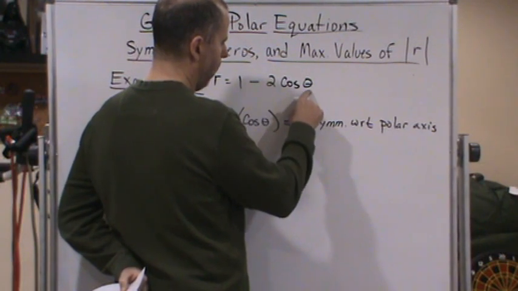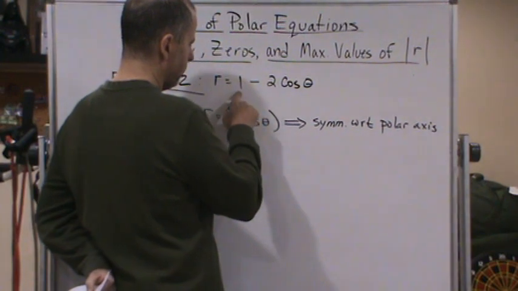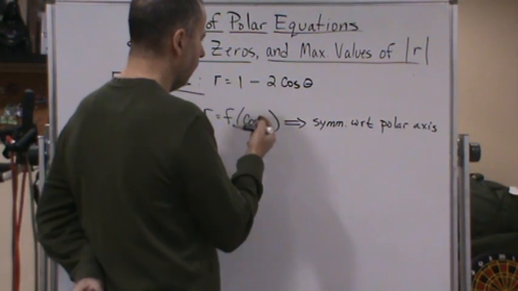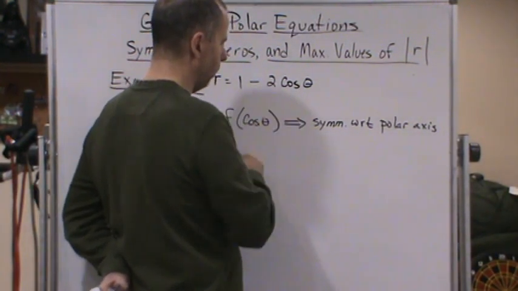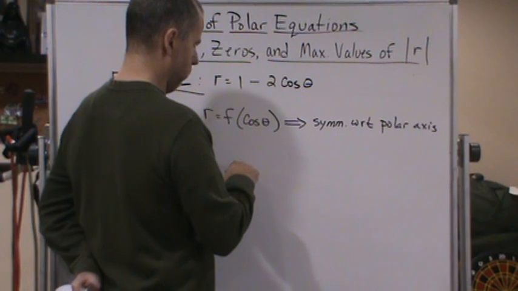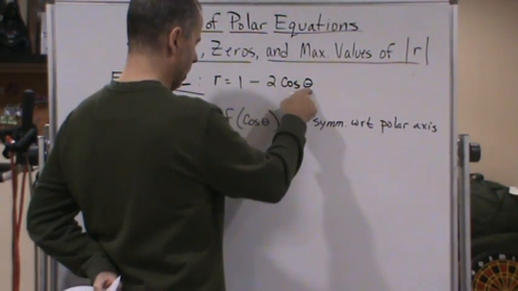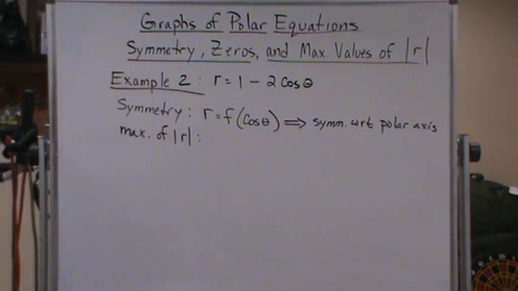This is just going to have 1, right? Which means this is going to be 2. So this is going to be 1 minus 2, which is negative 1. Or if this is 0, so when is this 0? It's 0 at pi over 2. And so when this is 0, this whole thing is going to be 1.